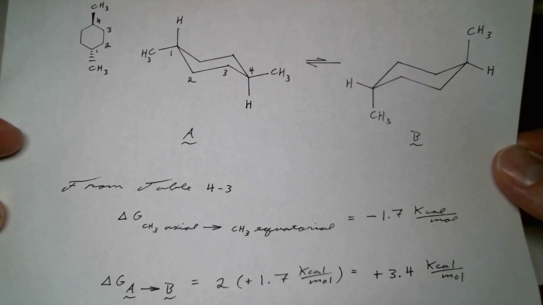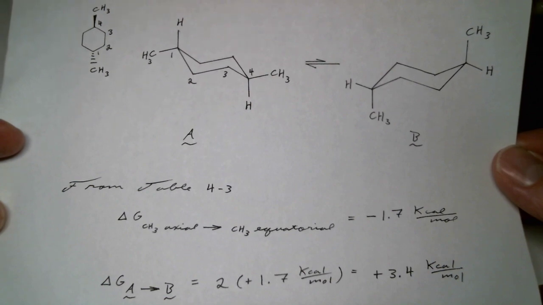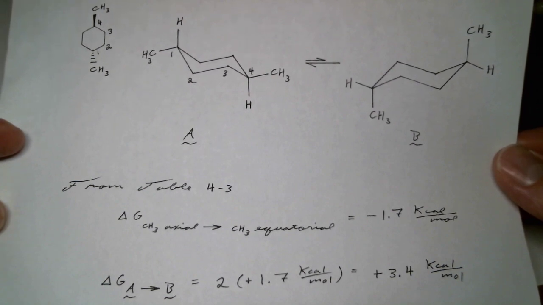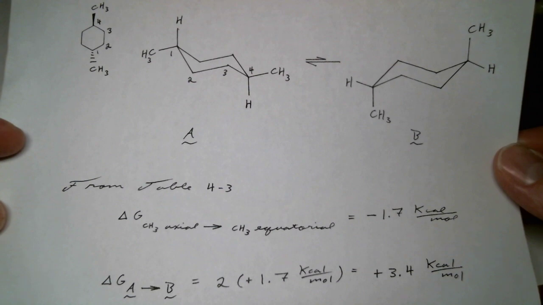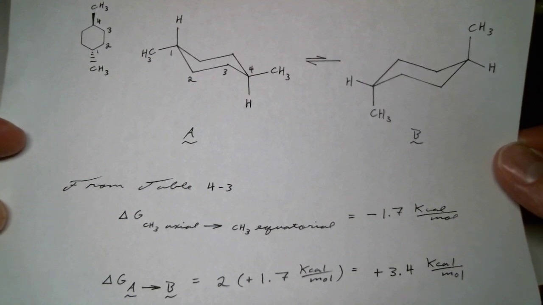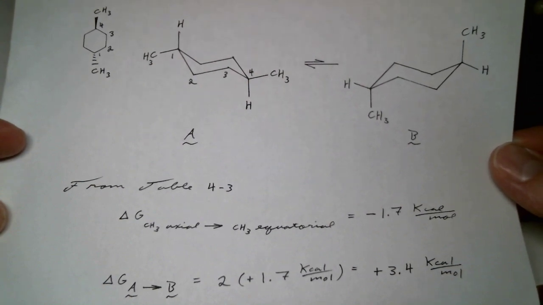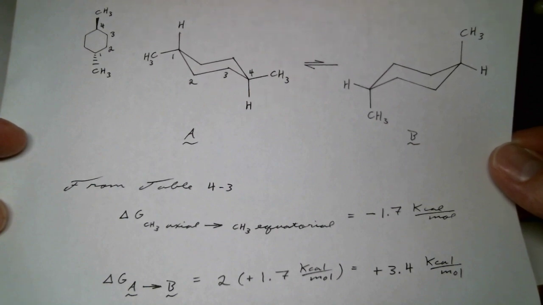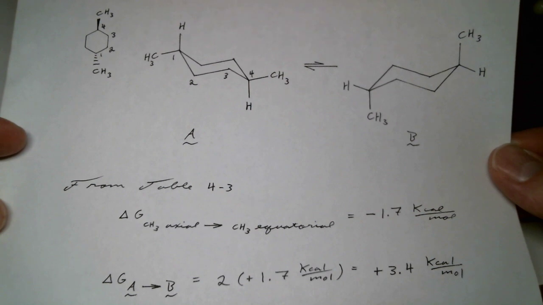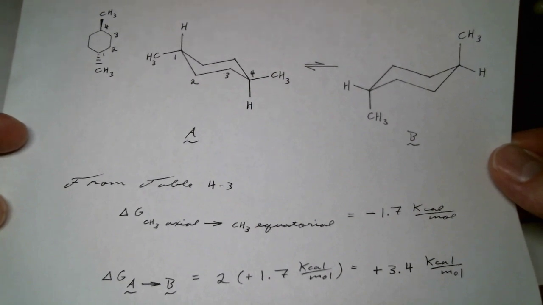The table in your text may have the change in free energy for the conformation with the group going from an axial position to the conformer in which it's equatorial. If that change in free energy is negative, delta G is a state function, so simply reversing the positions, going from equatorial to axial, you simply reverse the sign of the change in free energy.